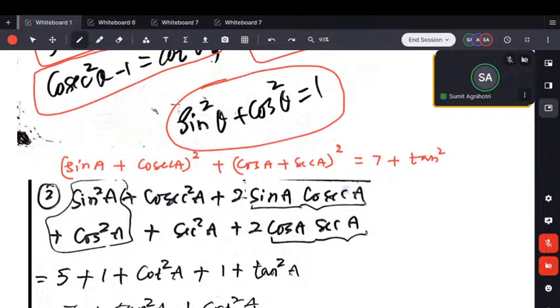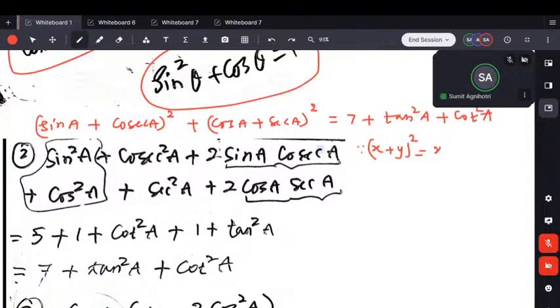Can you tell me this algebraic identity? x plus y whole square. It is x square plus y square plus twice xy. And this identity we are applying, yeah, exactly, it is correct.